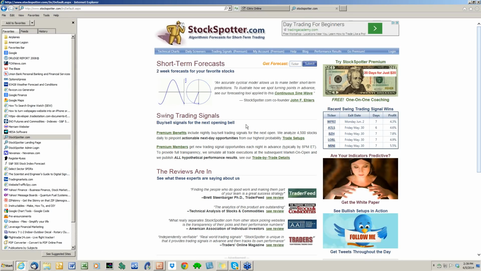I don't have all of those indicators in StockSpotter. I'm concentrating in StockSpotter on those signals that produce good, profitable trading signals. And the filtering that we do in StockSpotter, you saw that we have the trade setups. Then we do additional filtering that is not as easily defined as with indicators.